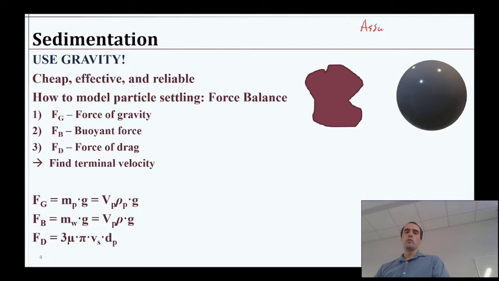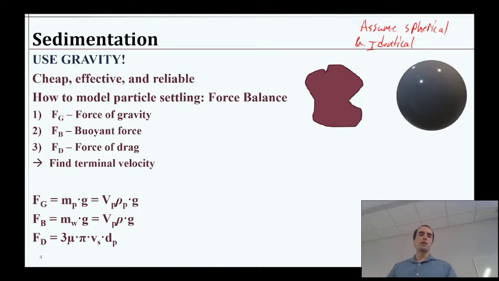So we'll say assume spherical. Going to make our math a lot easier and really possible. And I'll say identical. We could get into some more empirical, trial and error type tests to see, okay, how well are these things sedimenting? There are techniques like that.